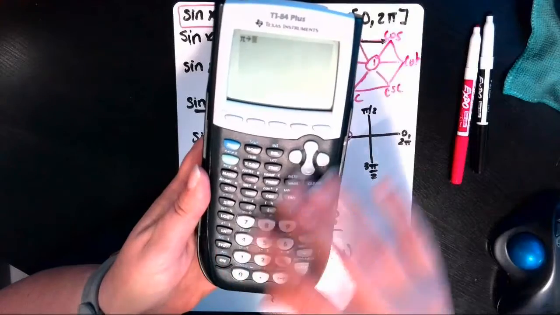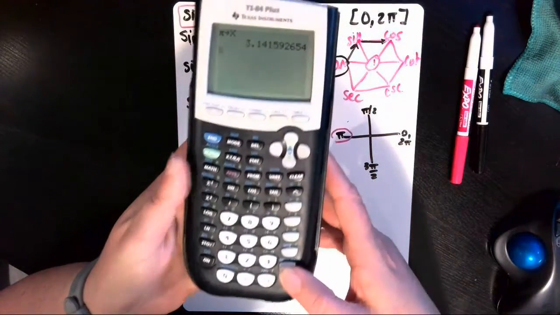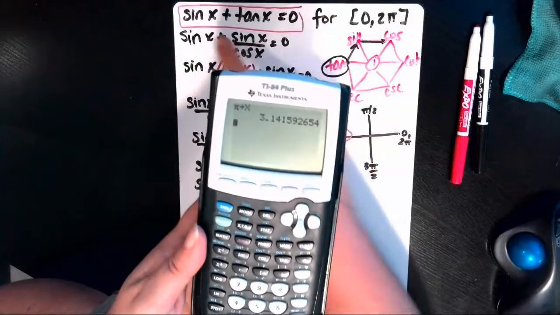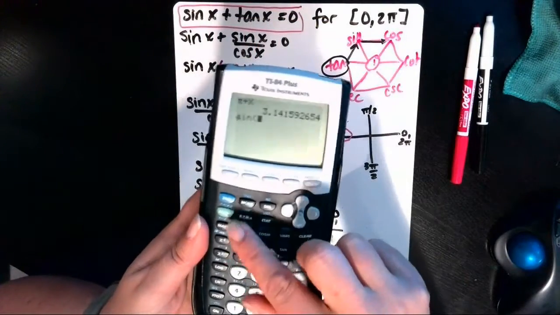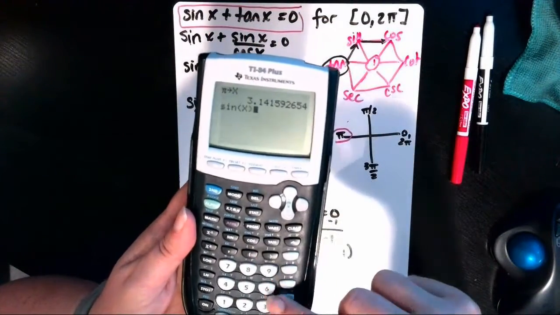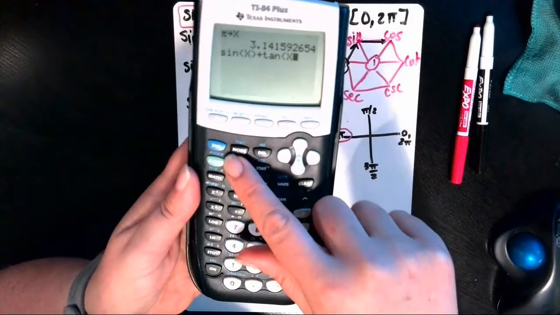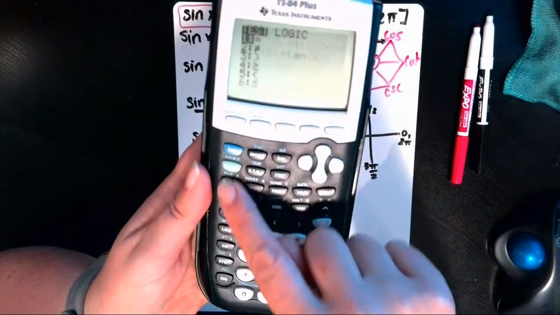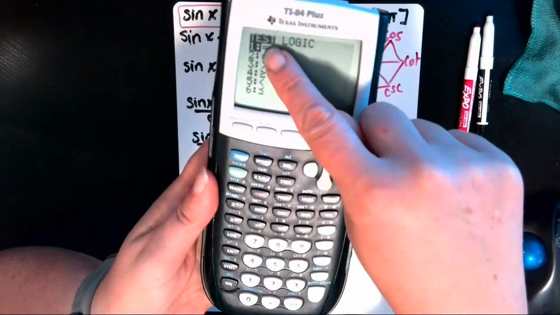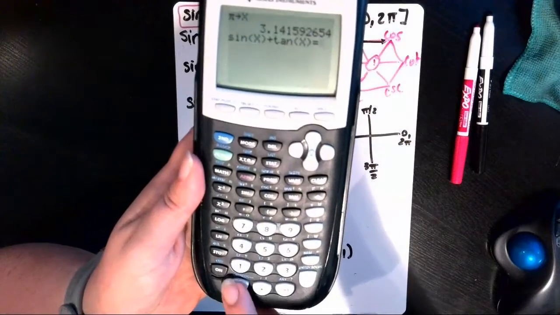So pi store x and then enter. And then we're going to type this equation, sine of x plus tangent of x equals 0. So sine of x plus, and then tangent x. And to get the equals, second math, and then number 1, and then the 0.